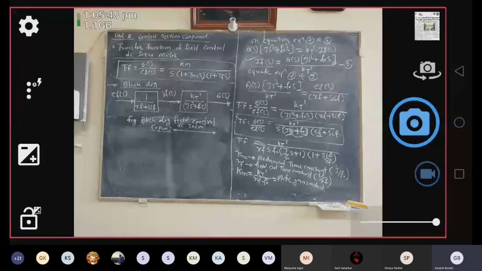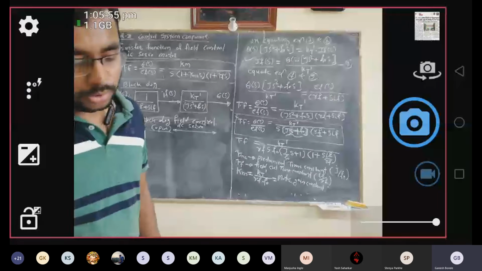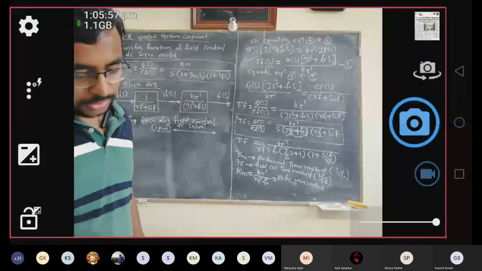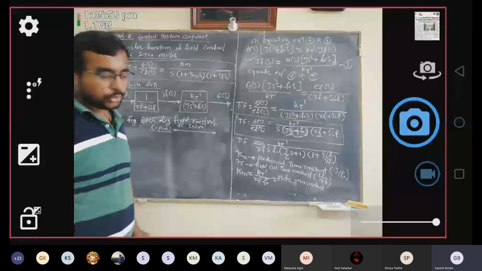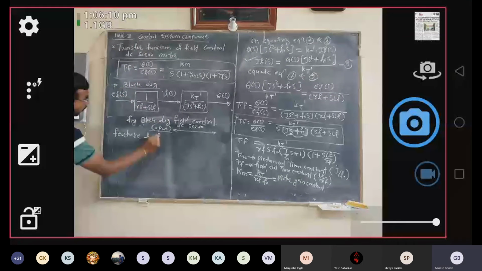So this is all about the transfer function of this field control DC motor. So you just note down a few features of this field control DC servo motor as well as the armature control DC servo motor. Features of field control DC servo motor.